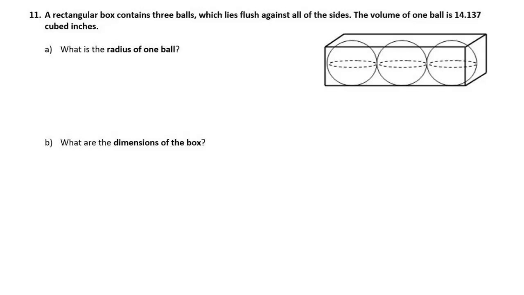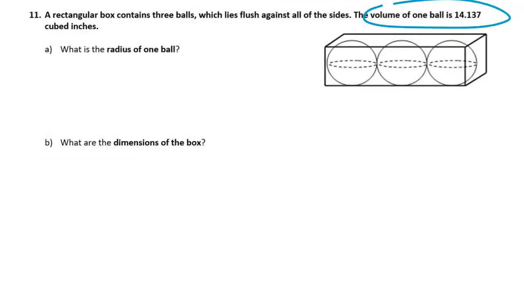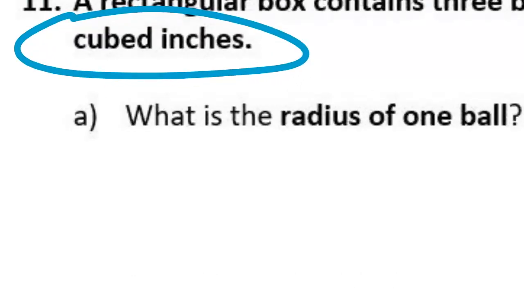A rectangular box contains 3 balls which lie flush against all of the sides. The volume of one ball is 14.137 cubed inches. Part A, what is the radius of one ball? 1.45.